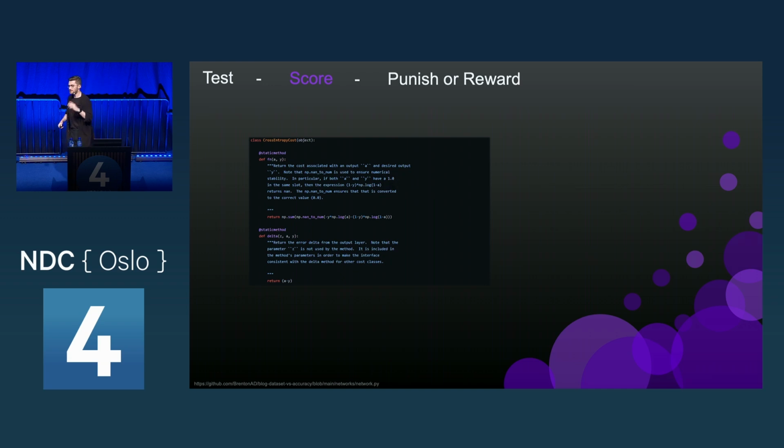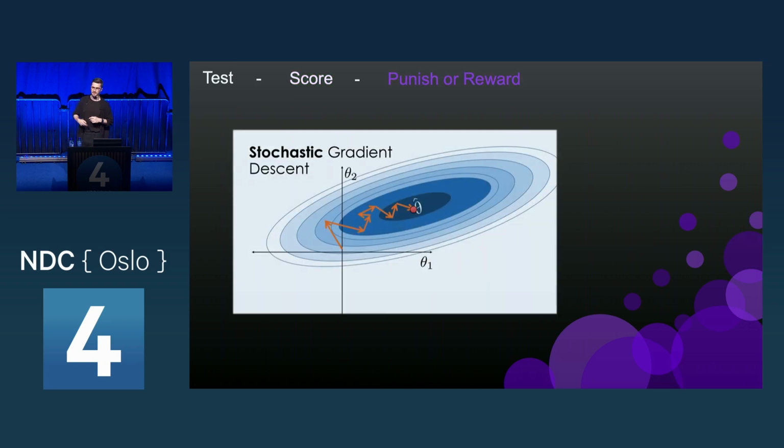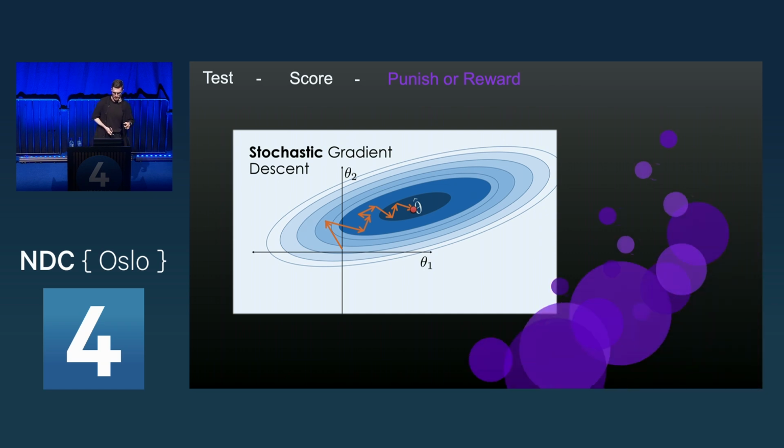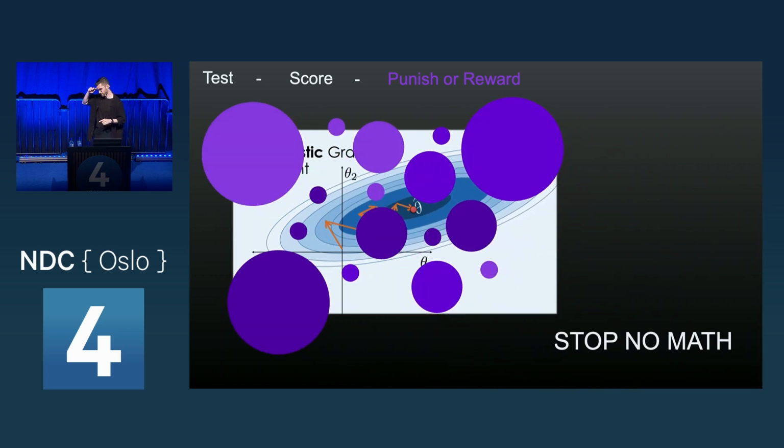For those interested, this is an example of a feed-forward backpropagation neural network. It simply takes the output of a cost function and then uses a process known as stochastic gradient descent to apply a gradient. And it's really quite simple because you just do the chain rule to find the gradient at a particular point, except I did promise no maths.